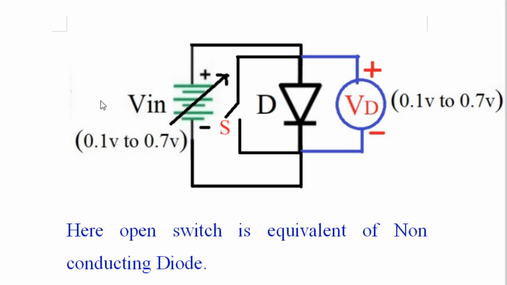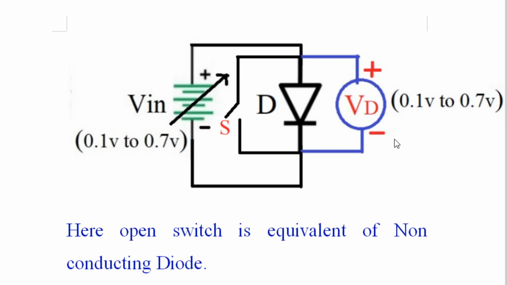Therefore, whatever input voltage you apply to the diode, that same voltage goes to the voltmeter, and the voltmeter measures the voltage across the diode which is behaving as a non-conducting device, but remember it will behave as a non-conducting device in forward bias condition, that is anode to the positive and cathode to the negative, up to 0.7 volt only.